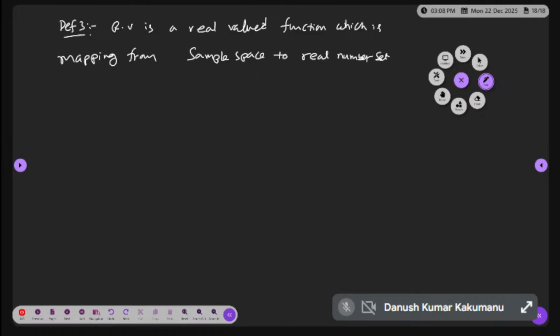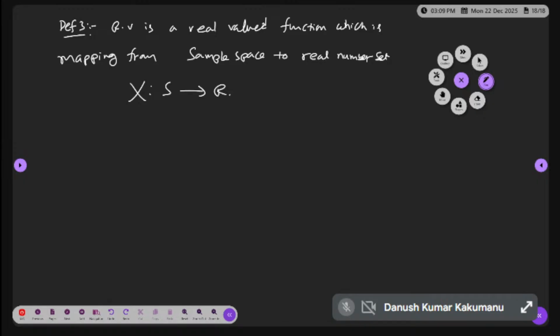This definition is very important. Random variable is a mapping from sample space to the real number set. That is very important, third definition.